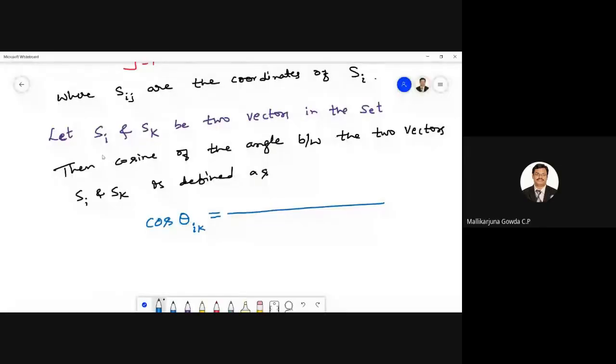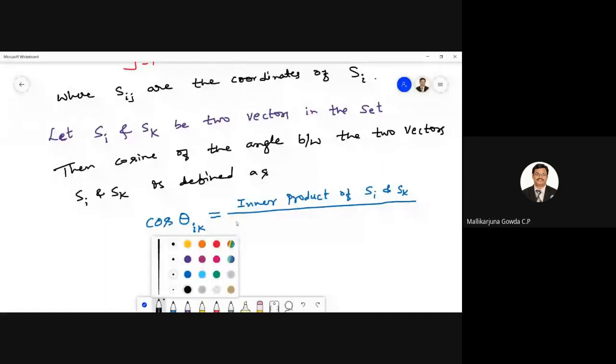the inner product of the two signal vectors, Si and Sk, divided by the length of the signal vector Si and the length of the signal vector Sk.